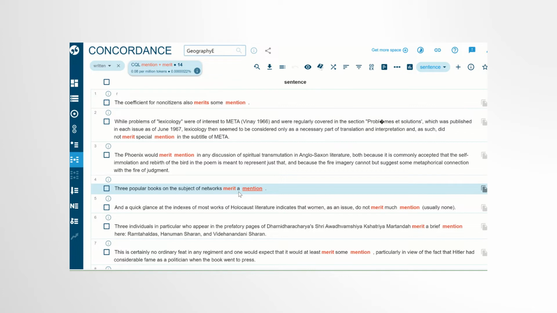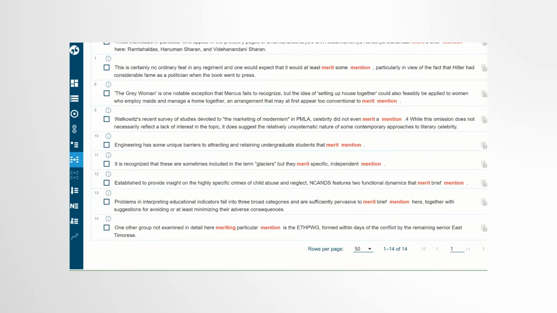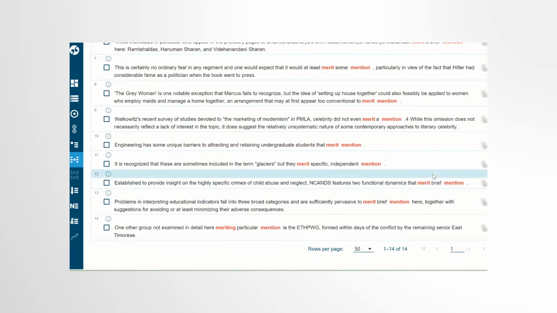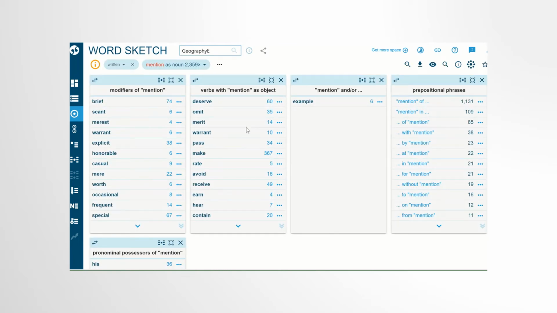There's a lot of variation here as well. We get both, for instance, merit a brief mention, or merit brief mention, or merit some mention. All of that needs to be noted, and we can save the concordance lines as evidence of these uses, so that at the end of the day we can give a full description of the variation found with this particular discourse marker.